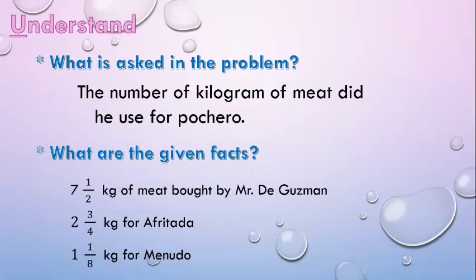You have 7.5 kilogram of meat bought by Mr. De Guzman, 2 and 3/4 kilogram for afritada, and 3 and 1/8 kilogram for menudo. Okay, the missing term there is the number of kilograms of meat that he used for puchero. Then let's plan.